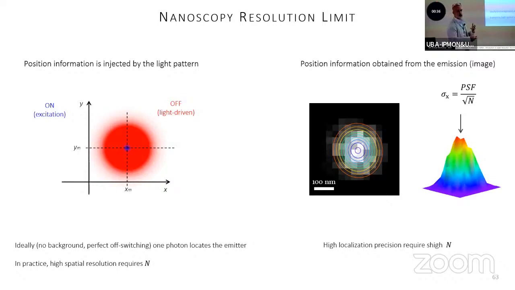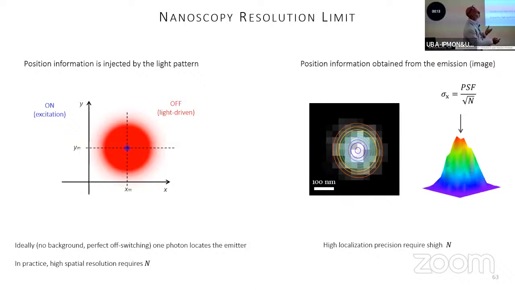Why? Because there's always background. So you always collect some background signal. So you need a fluorescent signal that has to be significantly above background to address the question of whether there is a molecule or not. So at the end of the day, you need a lot of fluorescence photons to achieve high resolution.